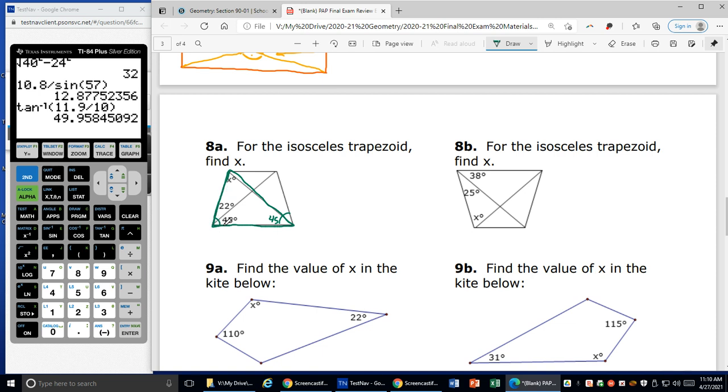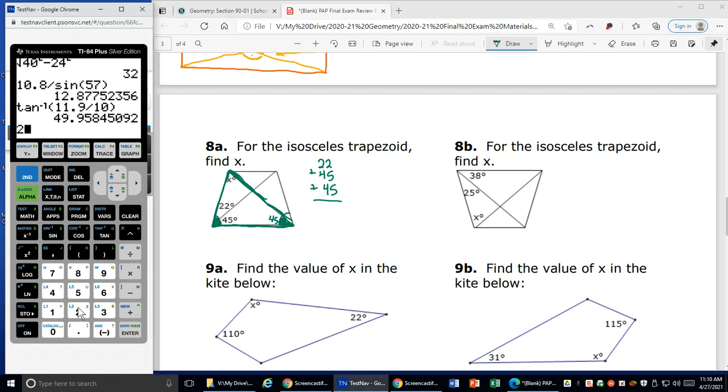When I look at this triangle, I know the three angles of a triangle add up to 180. In this corner, I've used 22 plus 45 degrees. In this corner of the green triangle, I've used 45 degrees. So in this green triangle, I've used 22 degrees, 45 degrees, and 45 degrees.